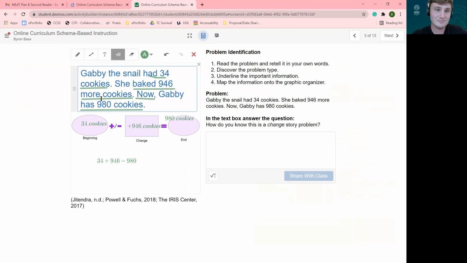But if kids only learn keywords, they're not learning how it comes together. They're not learning the process, and they can make mistakes. And you said one of the reasons we want to use this strategy is that they can make mistakes.